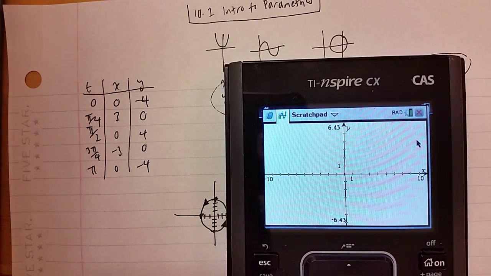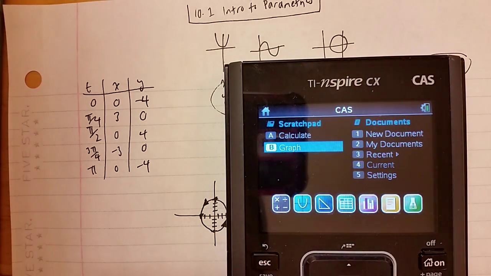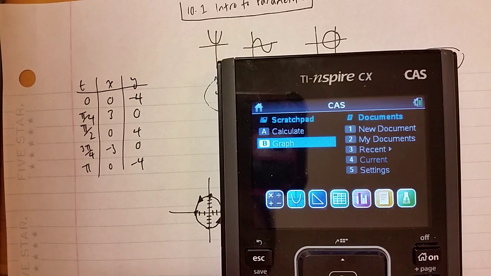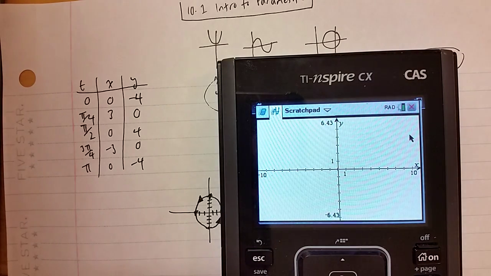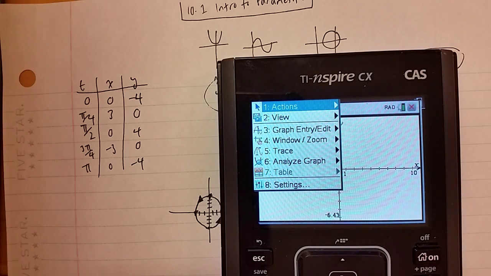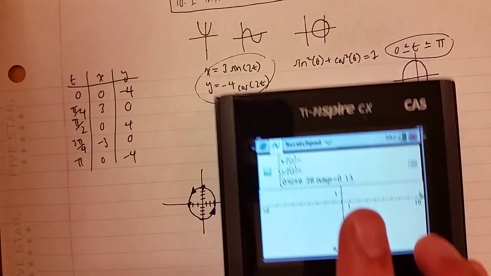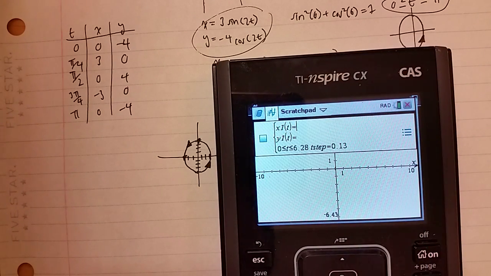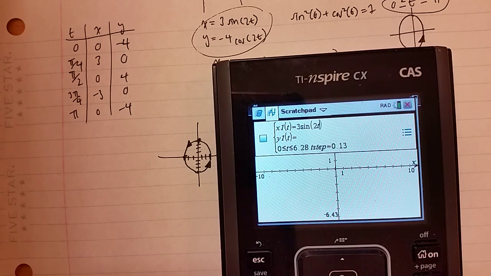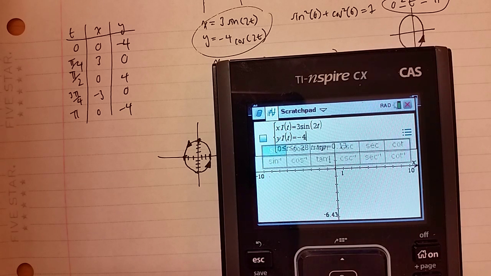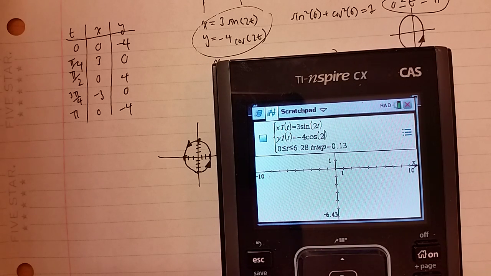Another way of graphing something with parametrics is obviously with a calculator. I have a TI-Nspire, but you would just go to Graph and Menu, Graph Entry Edit, and Parametric, and just input what they give you, which is x equals 3 times the sine of 2t, and y equals -4 times the cosine of 2t.